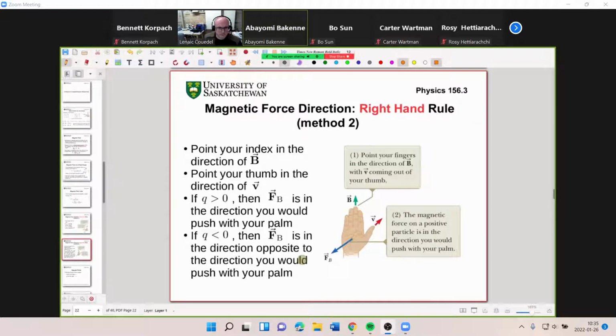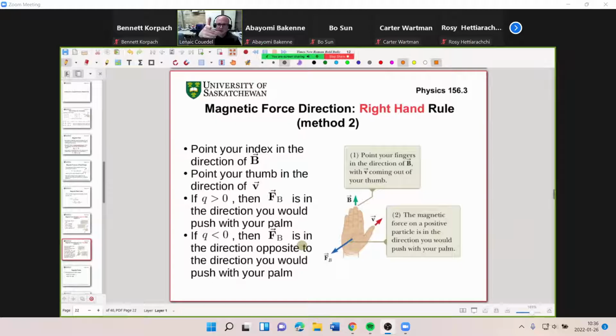Sorry, could you please illustrate this visually, like with your hand or something? Yes, so this is my right hand. Okay, you see my hand on the video? Yep. All right, so this is my right hand, and let's say I have an electron that is moving along my thumb, so the velocity towards the ceiling.